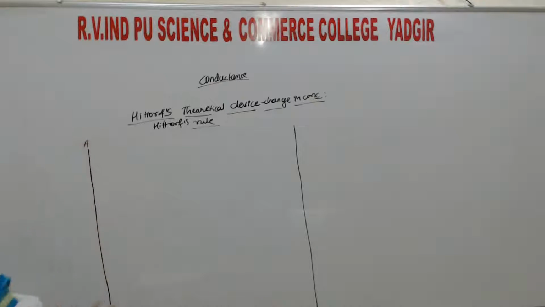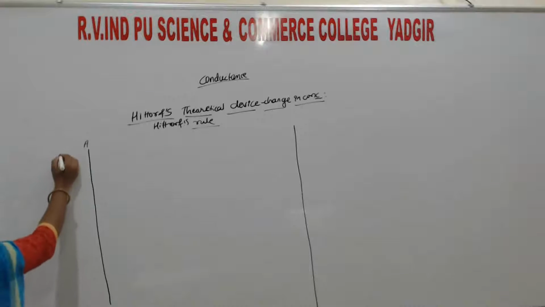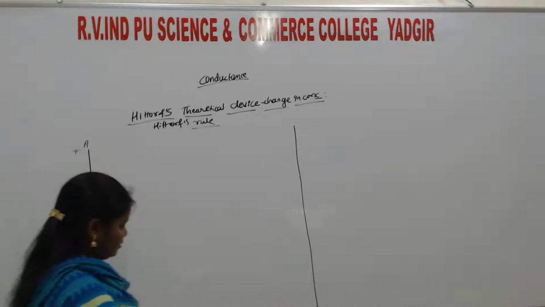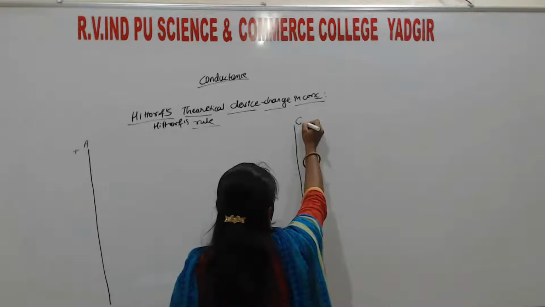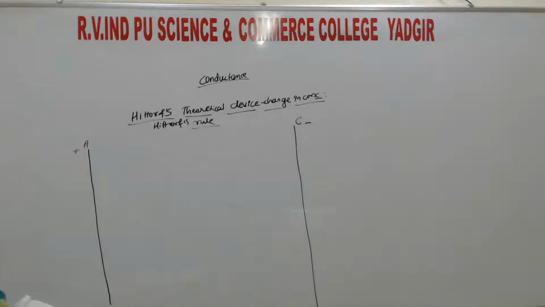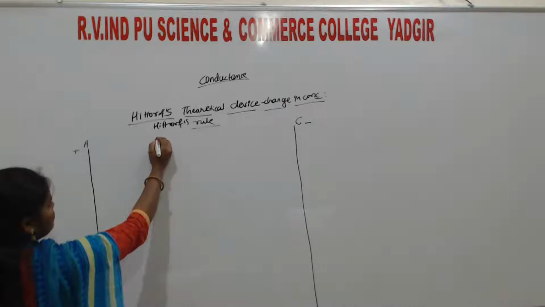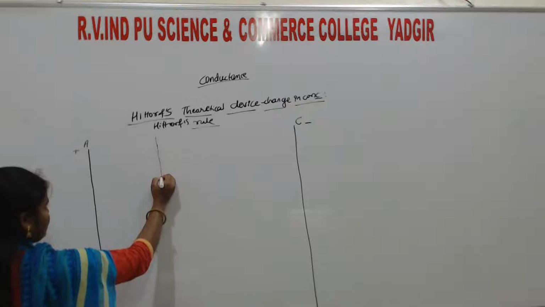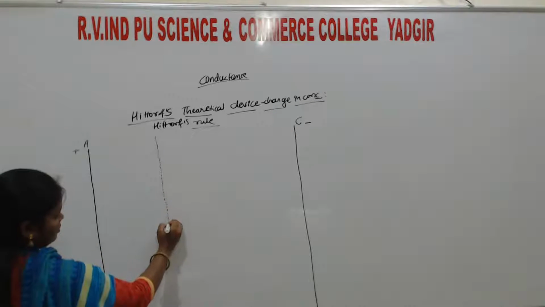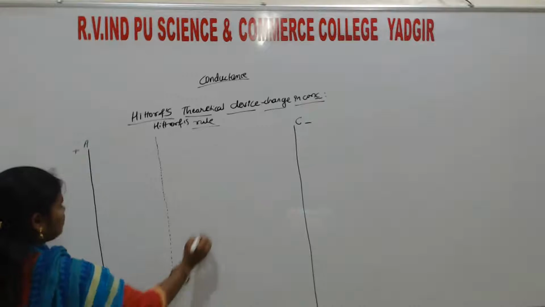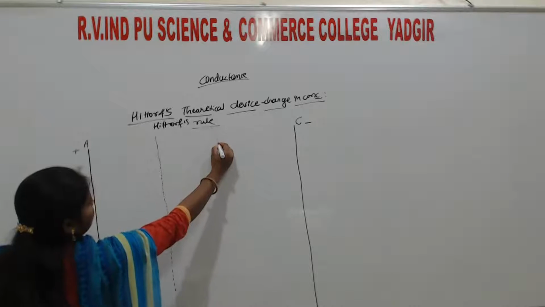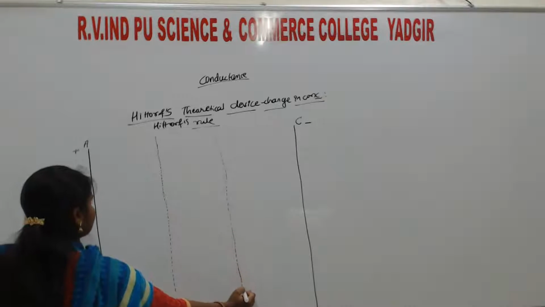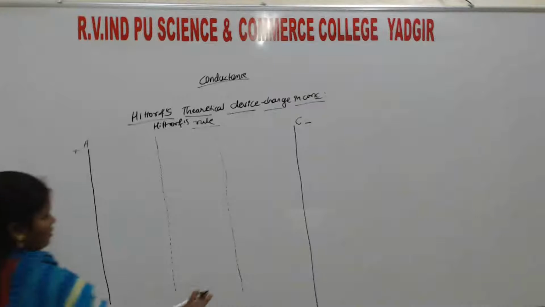This is A, that is the anode, which is positive. And here the cathode, with negative charge. And here two dotted vertical straight lines.